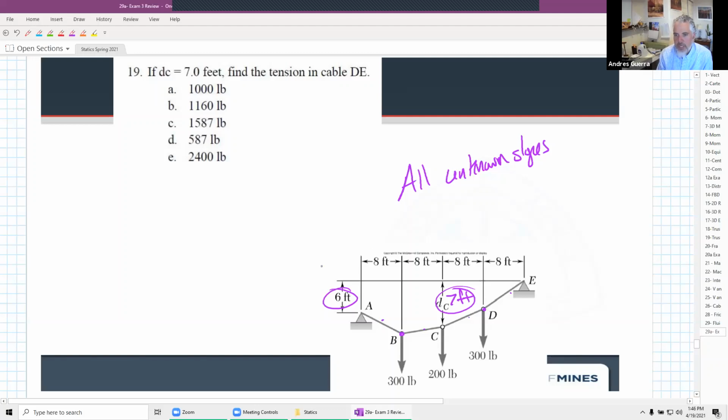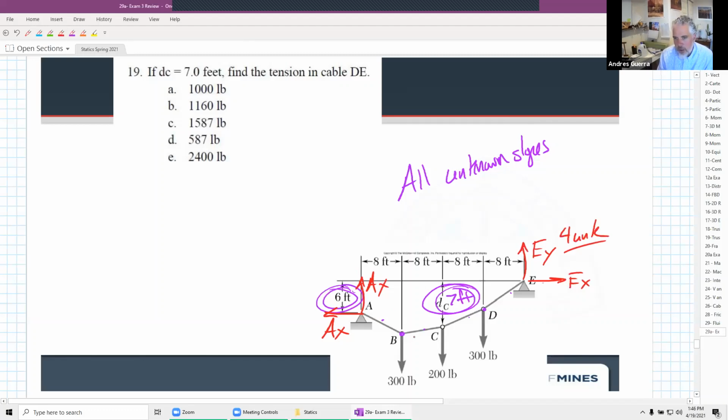So what we have to utilize is the 2 vertical distances that they do give us, the 6 feet and the 7 feet in this case. And that's going to be with an FBD of the whole thing. So if we did an AX and an AY and an EX and an EY, this has 4 unknowns.